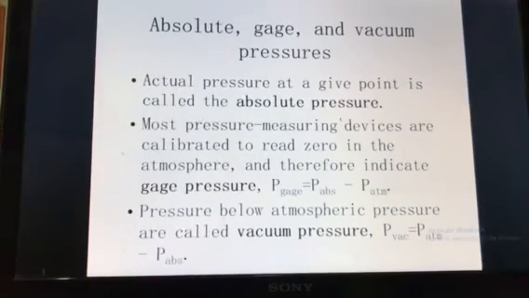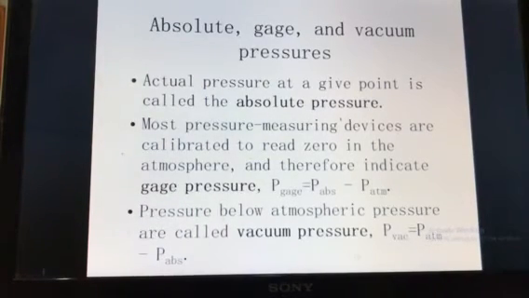So gauge pressure is absolute pressure minus atmospheric pressure, and absolute pressure is gauge pressure plus atmospheric pressure. Pressure below atmospheric pressure is called vacuum pressure.